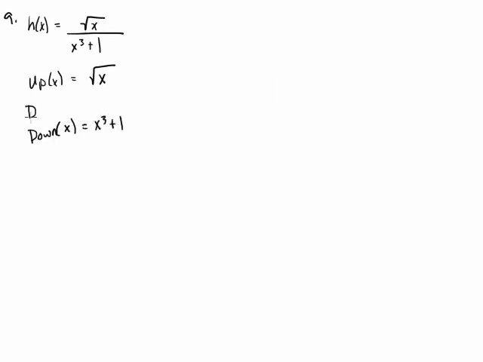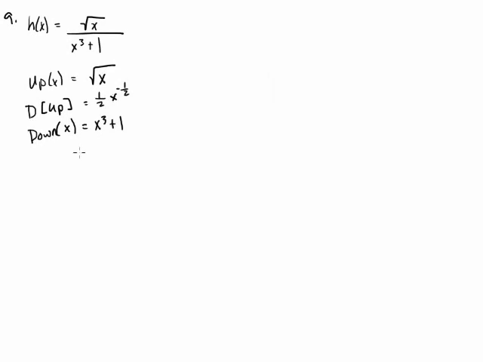The derivative of up is equal to, well, the derivative of x to the 1/2: we bring down the 1/2 and multiply by x to the 1/2 minus 1, which is negative 1/2.